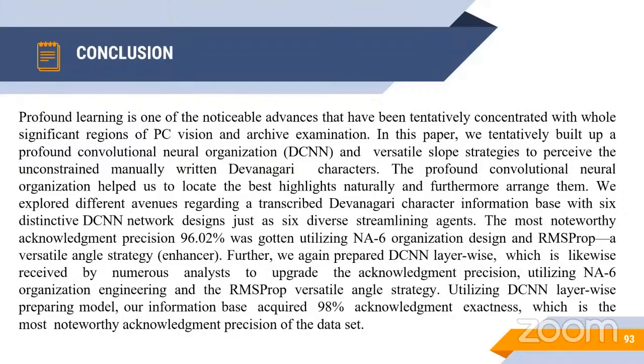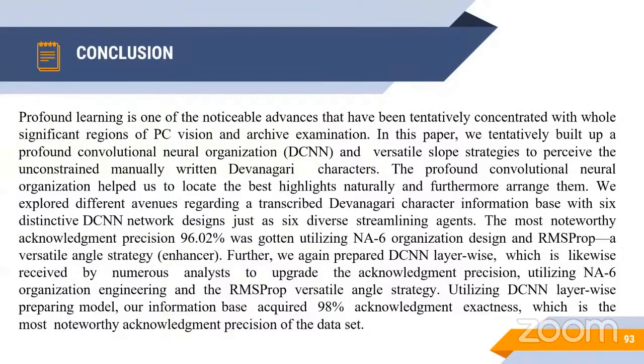In this particular research, we tentatively built a deep convolutional neural network and adaptive gradient strategies with the Devanagari characters, and the deep convolutional neural network helped identify the best accuracy for each and every character. The highest recognition precision is 96.02%, using the NA6 network with RMSprop and the DCNN algorithm.